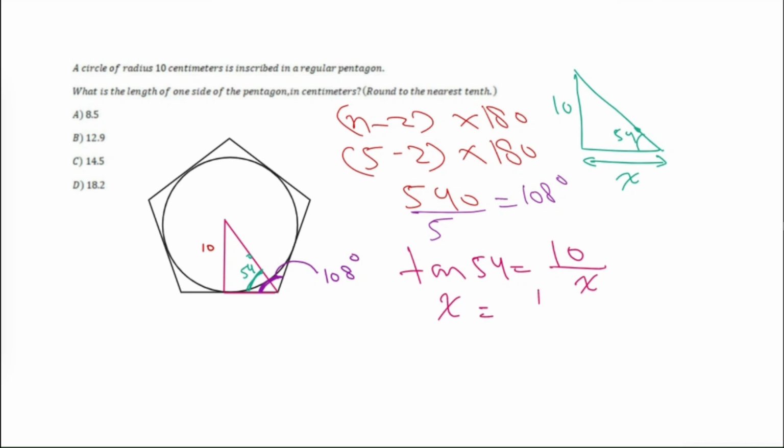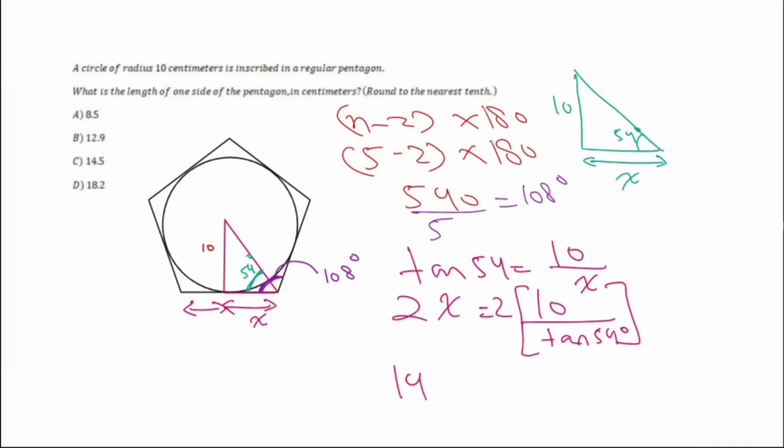So x would be 10 divided by tan 54 degrees. The length of the side of the pentagon would be twice the x. So 2x would be 2 times 10 divided by tan 54. So 2 times 10 divided by tan 54 would be 14.5 centimeters. So C is our answer.